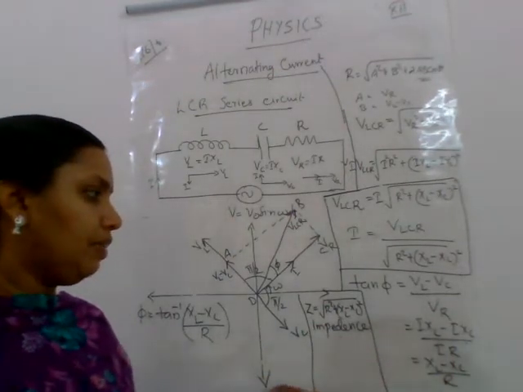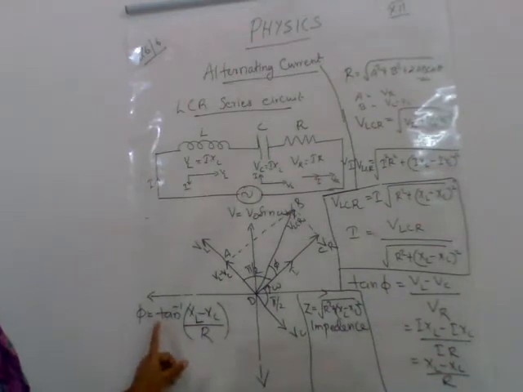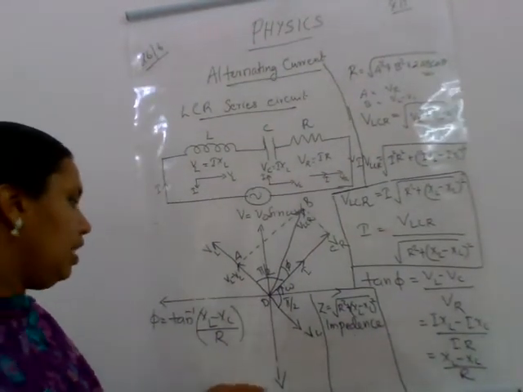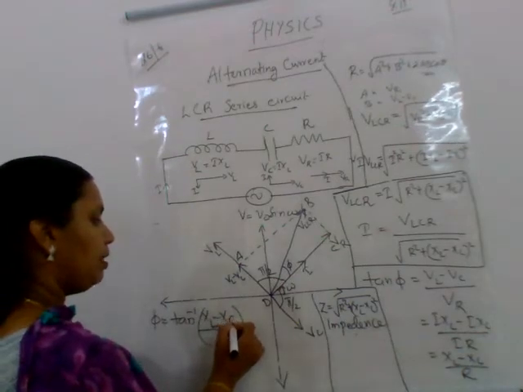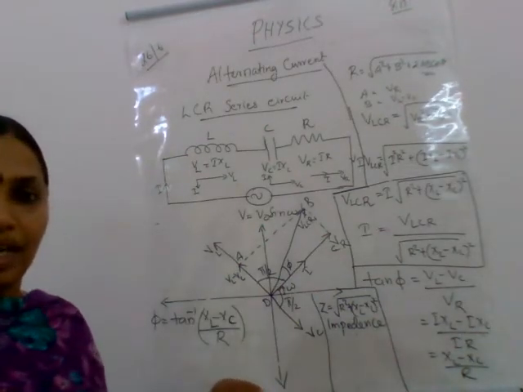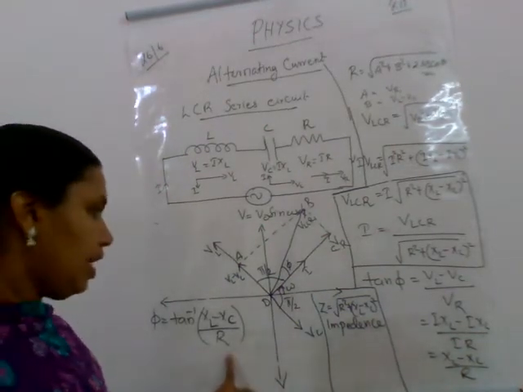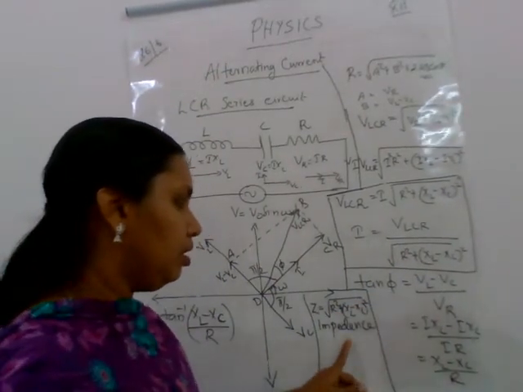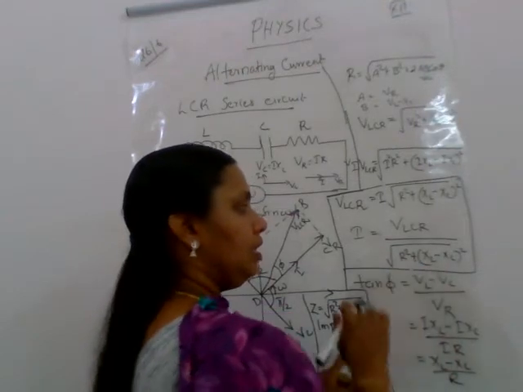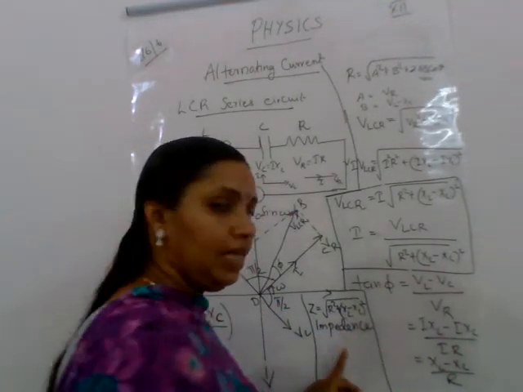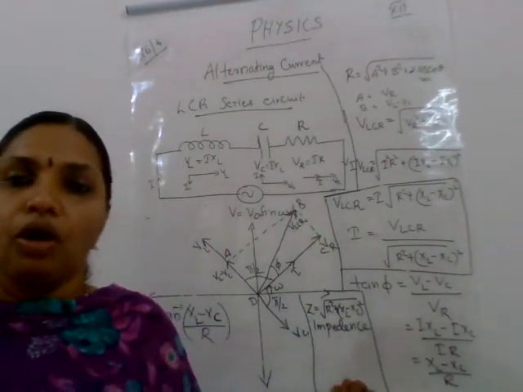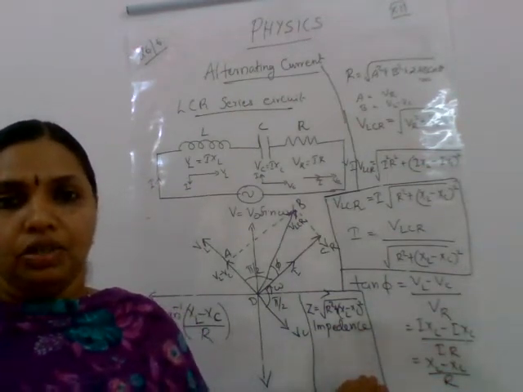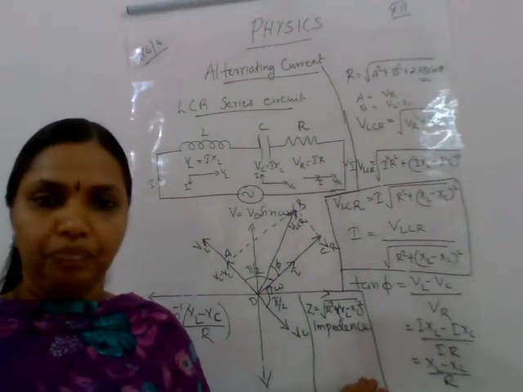We are taking it as phi, tan phi, phi is equal to tan inverse of XL minus XC by R. So it depends upon the value of inductive reactance, capacitive reactance and resistance. And the denominator term in this relation is known as the impedance, which is the opposition offered by the series LCR circuit to the flow of AC.